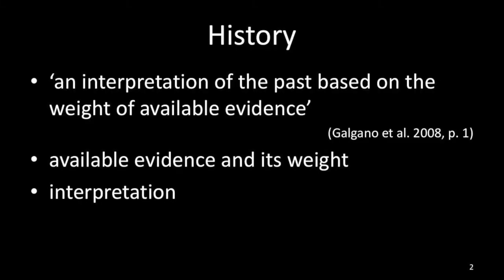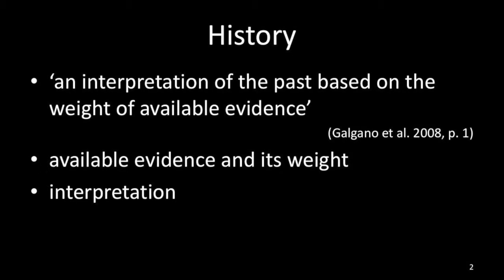The reading this week by Galgano is a really useful start to thinking about historical research methods and the aspects of historical research. They begin by defining history as an interpretation of the past based on the weight of available evidence.